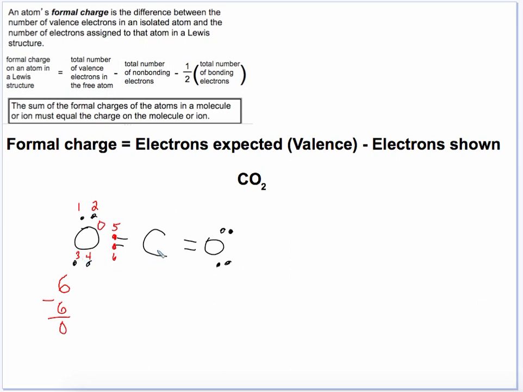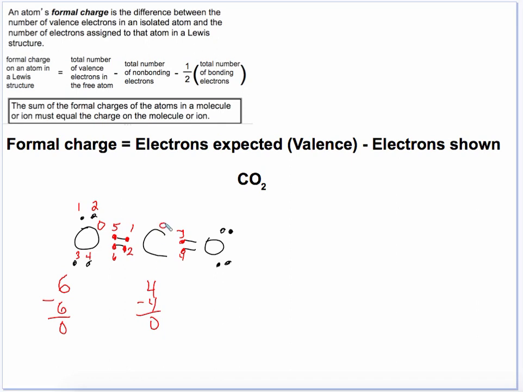Now let's do this carbon right here. Carbon has 4 valence electrons. Let's count how many electrons are around carbon: 1, 2, 3, 4. So electrons expected is 4 minus electrons shown, 4, and that equals 0.